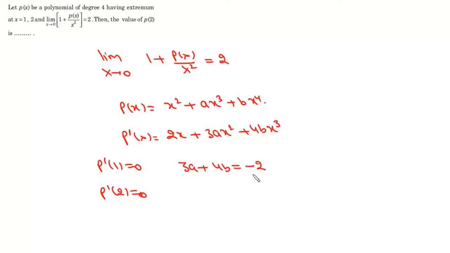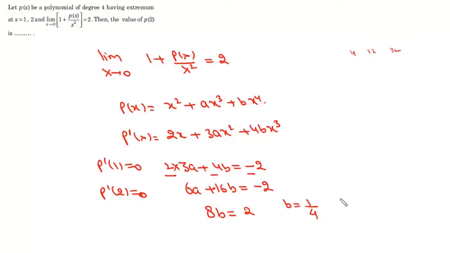And if we put this as 2, we'll get 6a plus 16b, and there will be minus 2. Now we'll multiply this first with 2 and we'll subtract it. Then it will be 8b, and 8b equals 2. The value of b is 1 by 4, and if we put b as 1 by 4, it will be this 4.